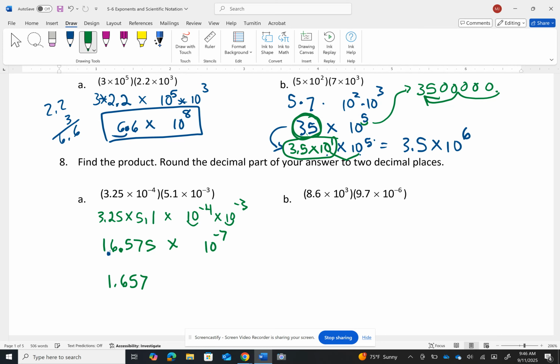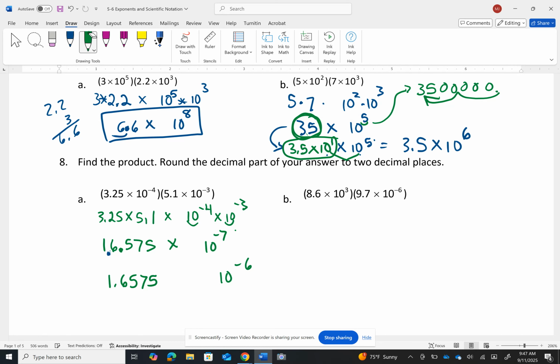I need to have it be one place smaller. So I had to kind of divide by 10. So you could be thinking, since I needed to go one place making the number smaller, that I need to add 1. Some people do that to get the 10 to the negative 6. Okay, so if that makes sense to you, do that.